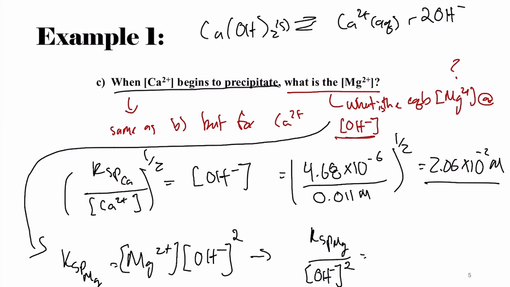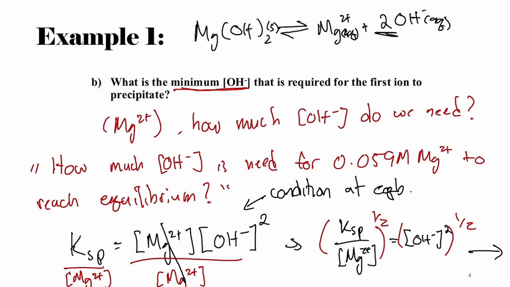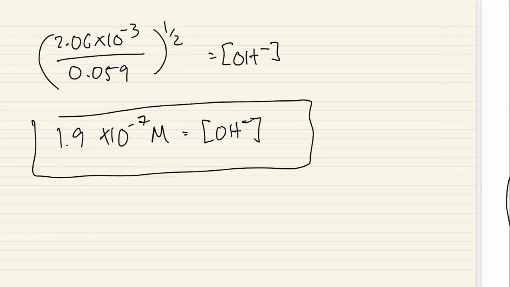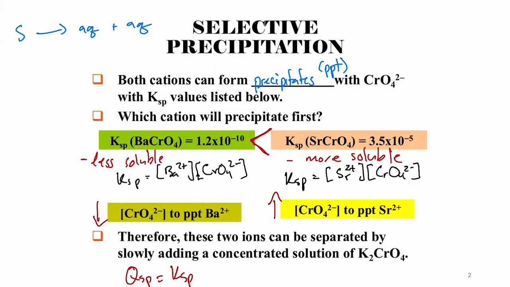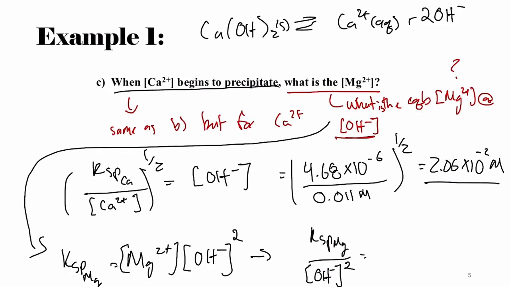That's, what was that value? It was 2.06 times 10, is it 10 to the minus 3? There's no way that was it. 1.2 times 10 to the minus 10. 1.2 times 10 to the minus 10 over 2.06 times 10 to the minus 2 squared will give me the magnesium concentration.